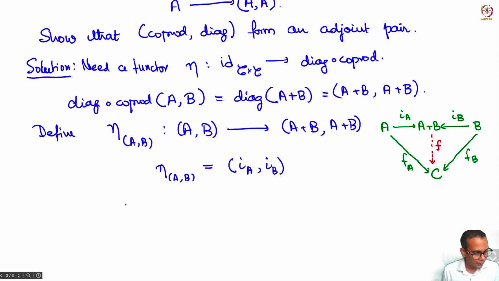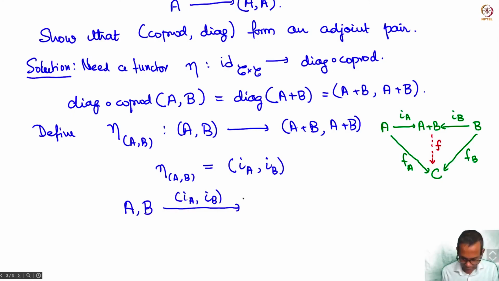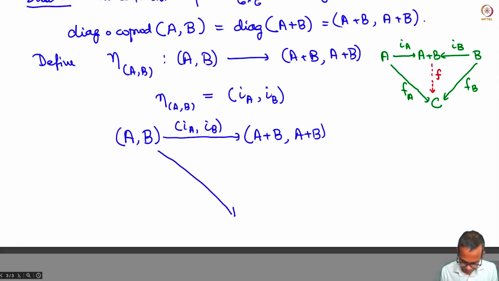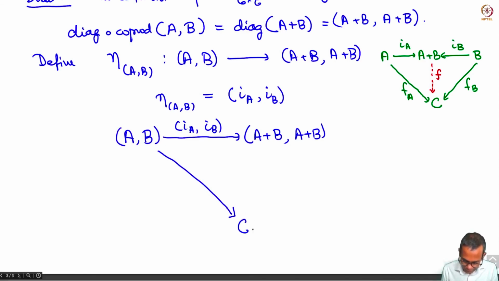And what we have now is A comma B. We have eta AB, so this is I subscript A, I subscript B. And we have A plus B, comma A plus B. So this is diag circle coproduct of A comma B, and we want to show that whenever we have an arrow from here to diagonal of C, so diagonal of C is going to be C comma C for any object C of the category C. Every arrow from A comma B to C comma C is going to be of the form F subscript A comma F subscript B, because arrows in the category C cross C are pairs of arrows in the category C. So an arrow from A comma B to C comma C is going to be a pair.